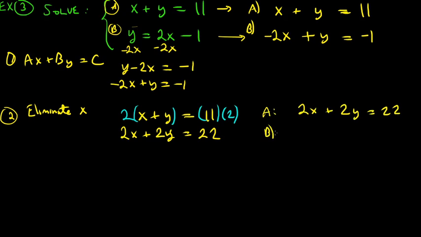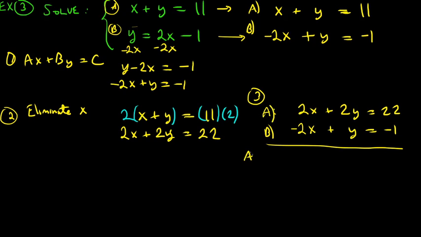So that's equation A. And equation B, we can leave that alone because we already have the negative 2x, and that will cancel with the positive 2x. So in step 3, you just add the equations, equation A plus equation B. We get 0x plus 2y plus 1y. There's an invisible 1 here. 2y plus 1y is 3y.